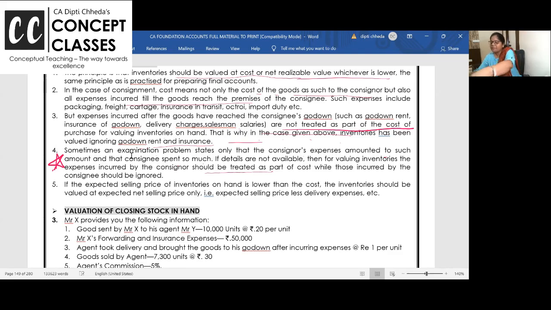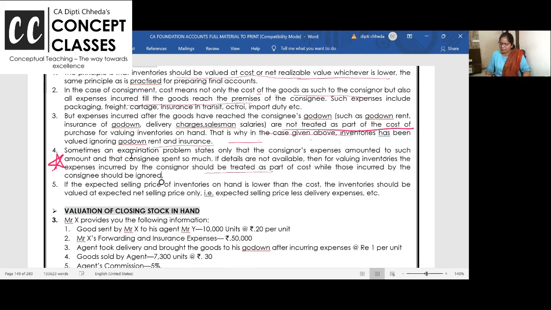Ma'am, the consigner's expenses they have given in full, but the consignee's expenses, how much are incurred till the goods reach and how much afterwards, are not given. Bifurcation not given. Ignore the consignee's expense. Only the consigner's expense you add in the closing stock. Clear to all of you?